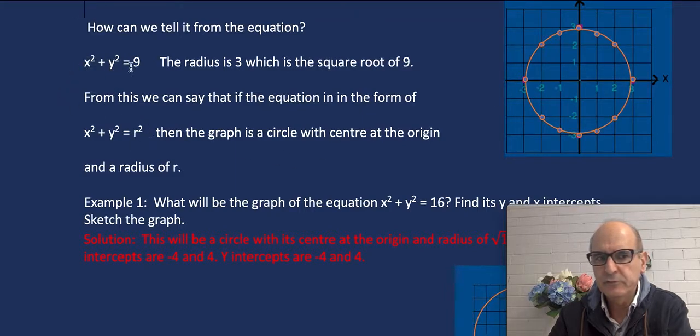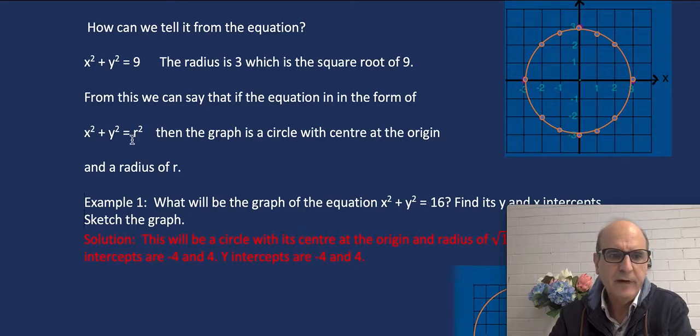Then what about the radius? Radius, as you can see, is 3, which is the square root of the number 9. So whatever you have on your right hand side, the square root of that is your radius. Generally, if you have an equation in the form x squared plus y squared equal to r squared, that defines a circle where your center is at the origin and your radius is the square root of r squared, which is just r.